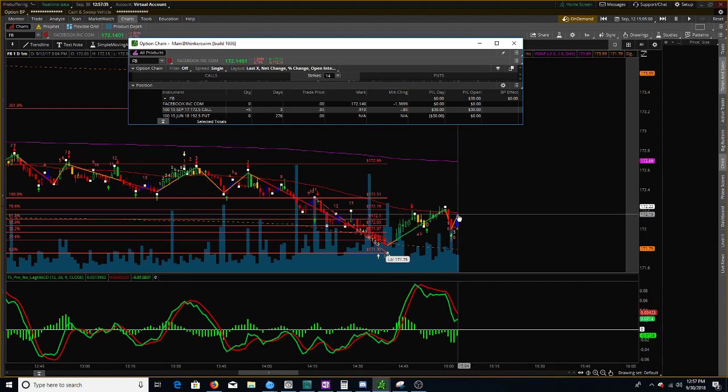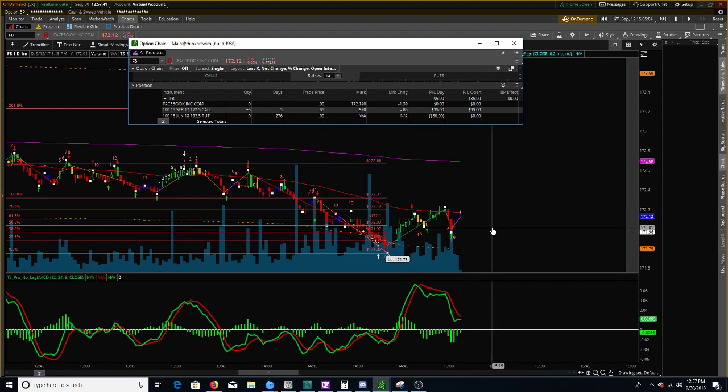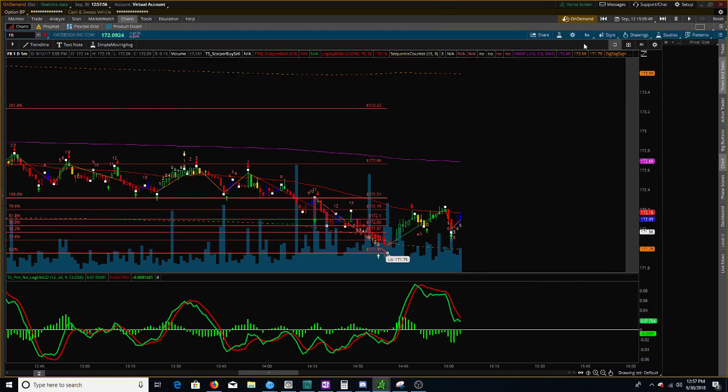Here we go. We're going to attempt to go for the legacy again. Let's see if it breaks it. Remember, you're still not getting out because the 10 minute candle is about to end.